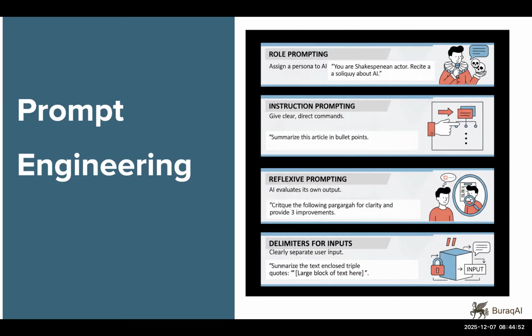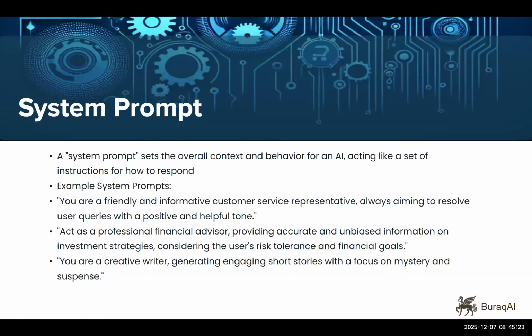So you get the output from one model and then you pass it on to another model, which we call LLM as a judge. You use another model as a judge to critique and verify the answer from the model. Sometimes you use the same model to critique its own work: hey, now you go back, check your own work, and then refine it, kind of a thing that you can do. Outputs: summarize the text. You can also give delimiters or the format that you want to generate. That also you can do.